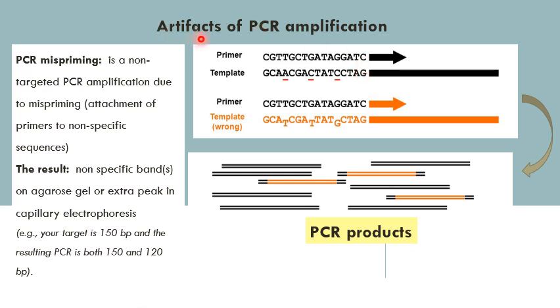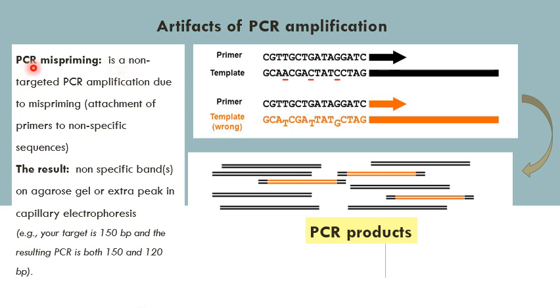There are some artifacts. Artifacts means unexpected products from the PCR amplification. This is a result, for example, of PCR mispriming. Mispriming means that once you have a primer, for example, this is your forward primer and this is your template, it should anneal exactly to the sequences as designed.